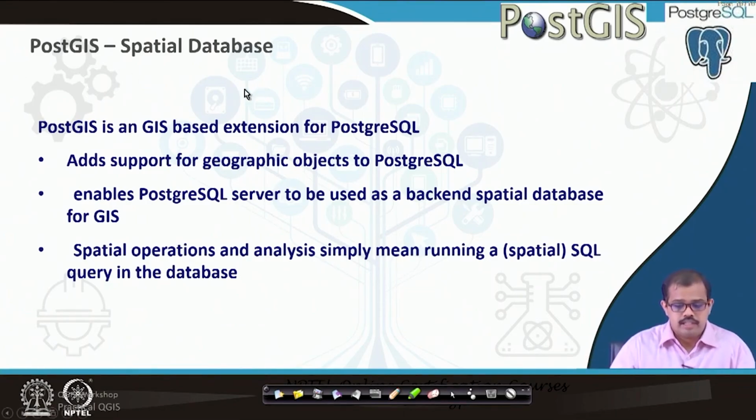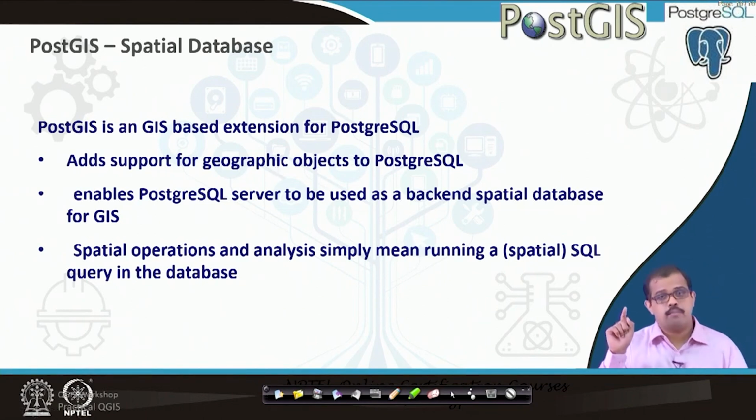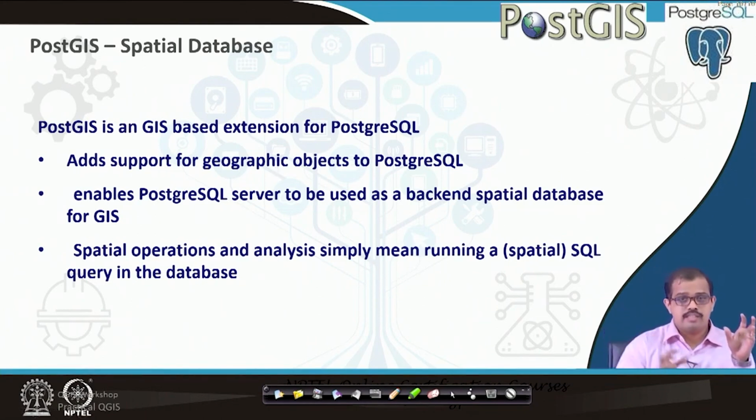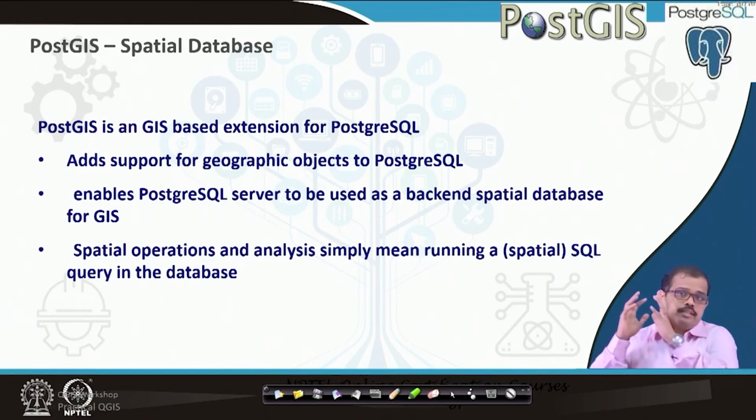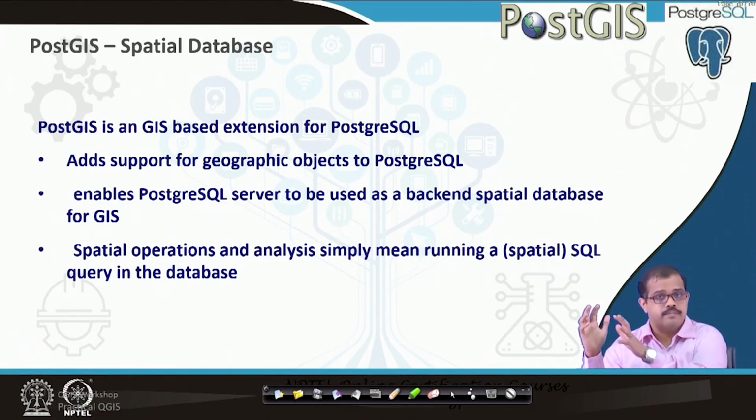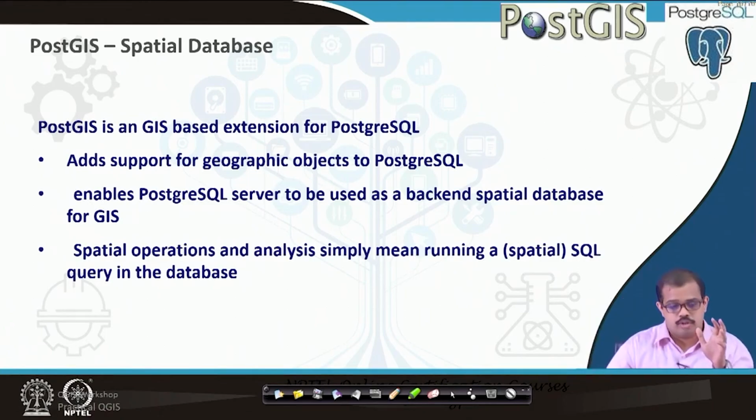It adds support for geographic objects to PostgreSQL, which means that PostGIS is the one which gives you the geometric or geographical aspects to the main database system, that is nothing but PostgreSQL. It enables the PostgreSQL server to be used as a backend spatial database for GIS.